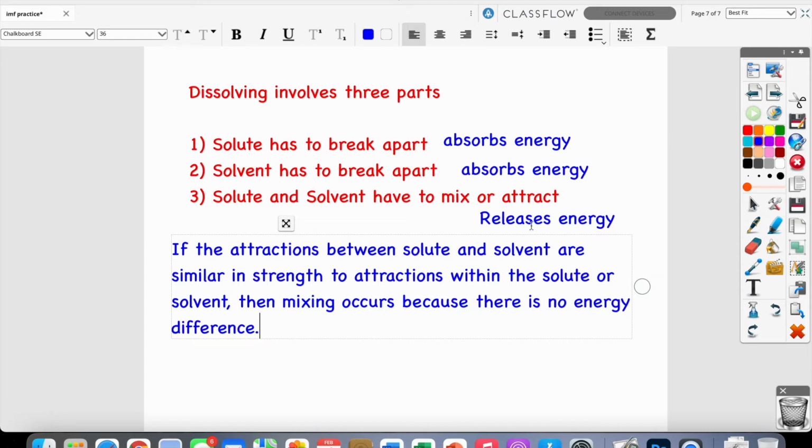And the way I picture this is by thinking about going to a party or something. If we go as a class to another school, you have some attraction to your classmates. If you want to break apart and join the other members of the school, you have to be at least as attracted to that group as you are to your own friends in our class.